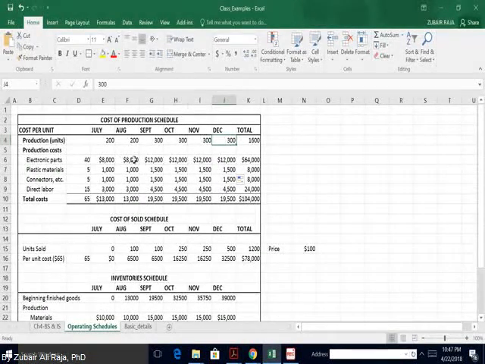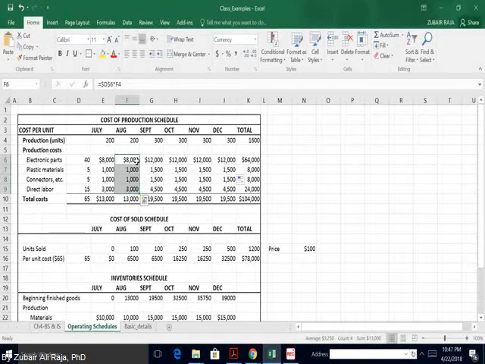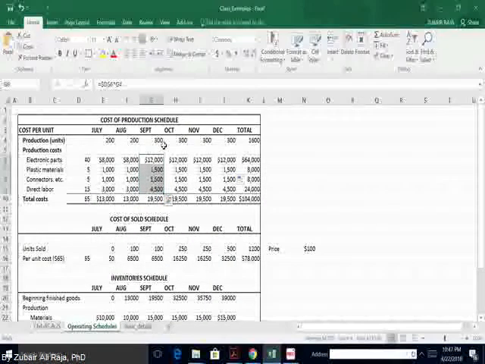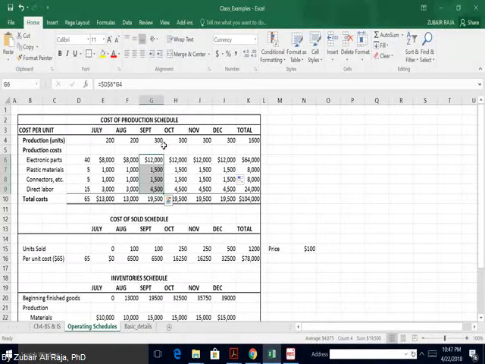So this is actually the breakup of the component cost the company has used in order to make 200 units in August. Likewise, this is the breakup of the component cost to make 300 scanners in the month of September by PSA Corporation. Likewise for October, November, and December.